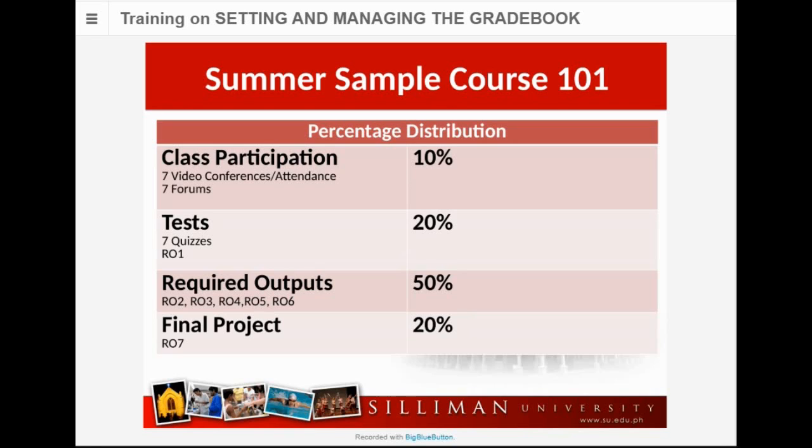The letter is just a terminology in LMS, but that's equivalent to a descriptive remark, because we can simply say if the grade is greater than or equal to 75, the remark is satisfactory. If the grade is below 75, the remark is unsatisfactory.